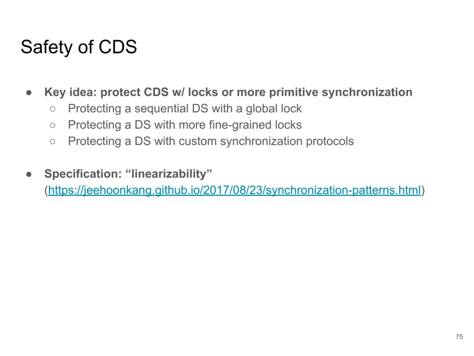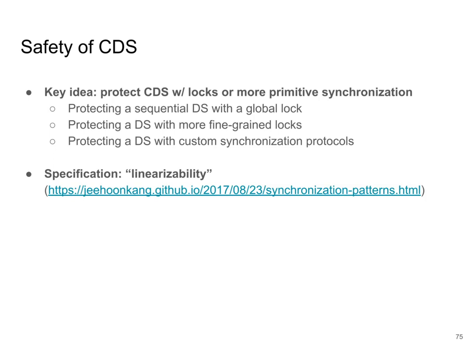Another option is protecting a data structure with more fine-grained locks. There are multiple locks, and each lock protects a subset of the entire data structure. By doing so, you can reduce contention very much because multiple operations that are accessing different parts of the data structure can coexist.